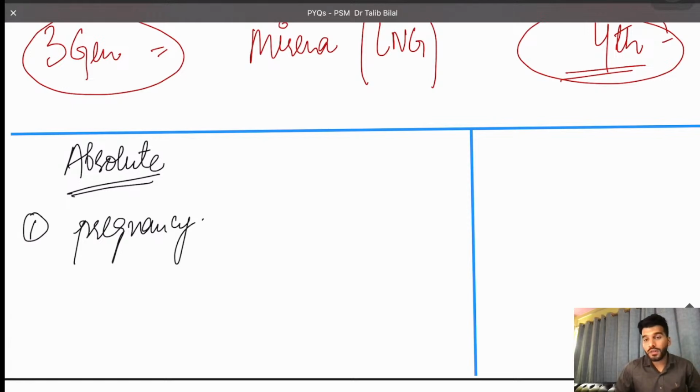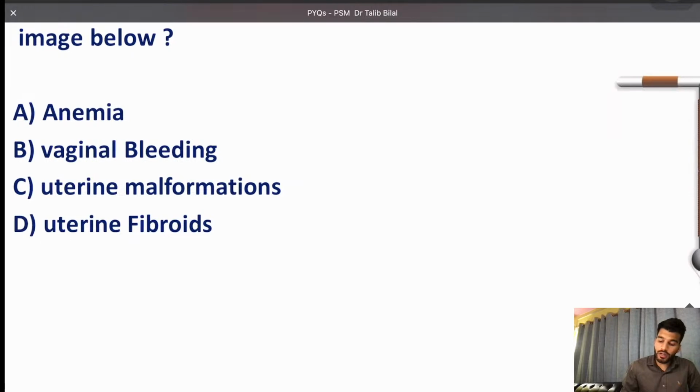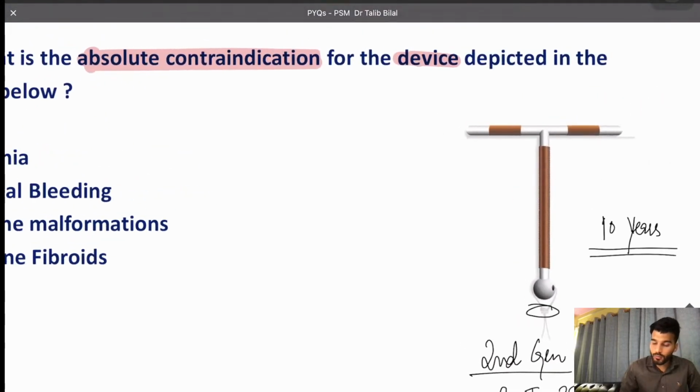Number third thing will be, if there is a failure of contraception or a pregnancy in situ. What I mean is pregnancy when the IUCD is in situ. If the patient is pregnant with an IUCD inside, the question they will ask is what management you have to do. First of all, remove the IUCD by the thread.